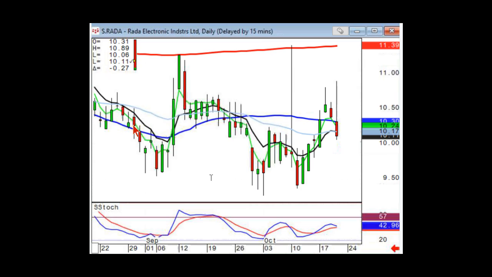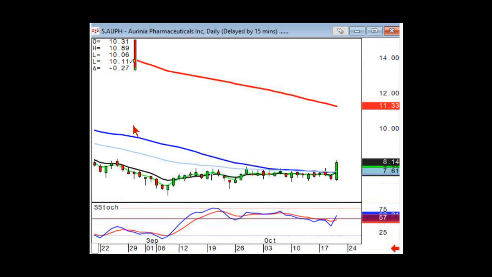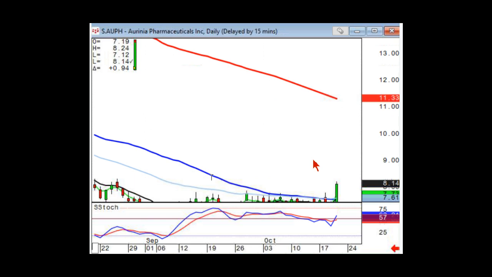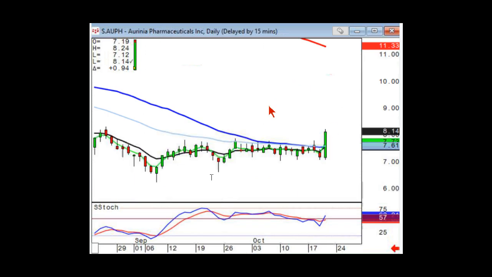RADA, I don't know. That's a nothing chart. Wouldn't be long or short that one. This one's broke out. You could be buying this one on strength and then use the halfway point of this candle as your stop, which would probably correlate with the T line.